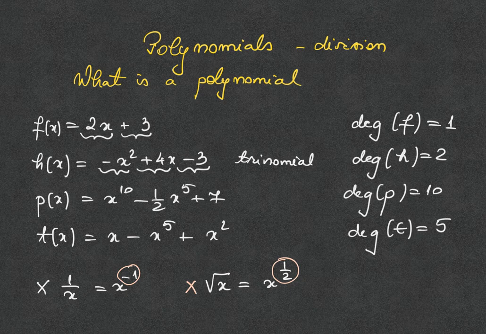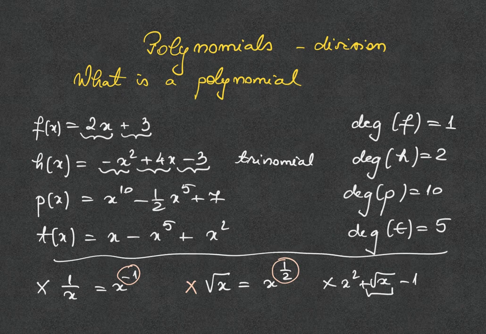Any sum containing terms like this one here is not a polynomial. For example, x squared plus square root of x minus 1 is not a polynomial because of this square root, so that's not a polynomial too.